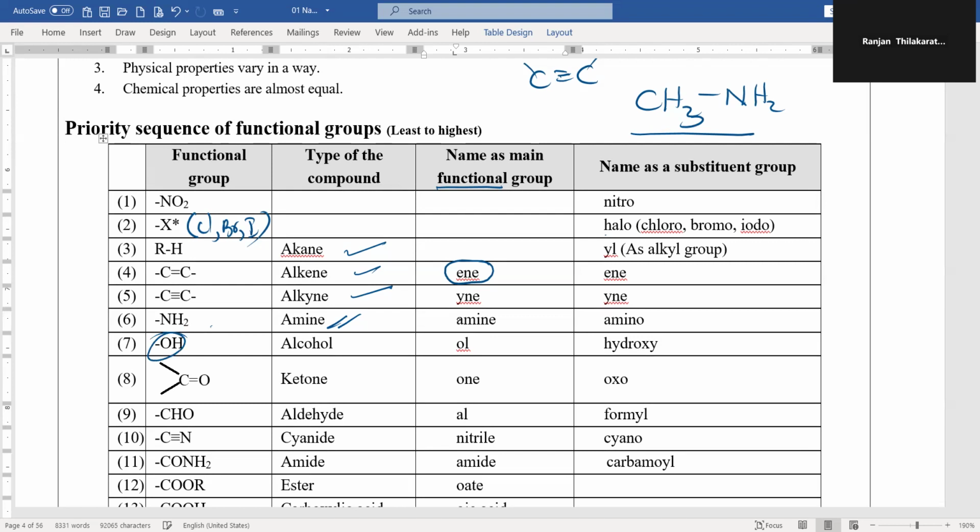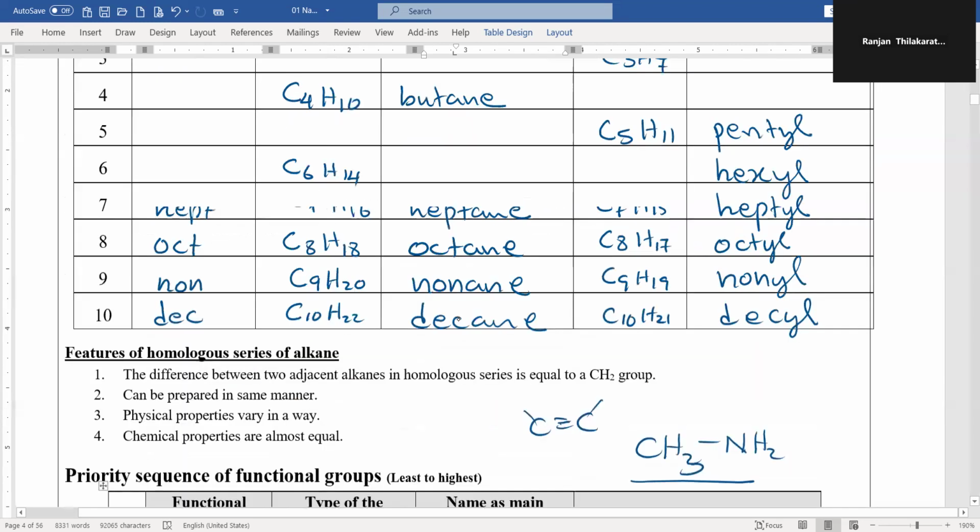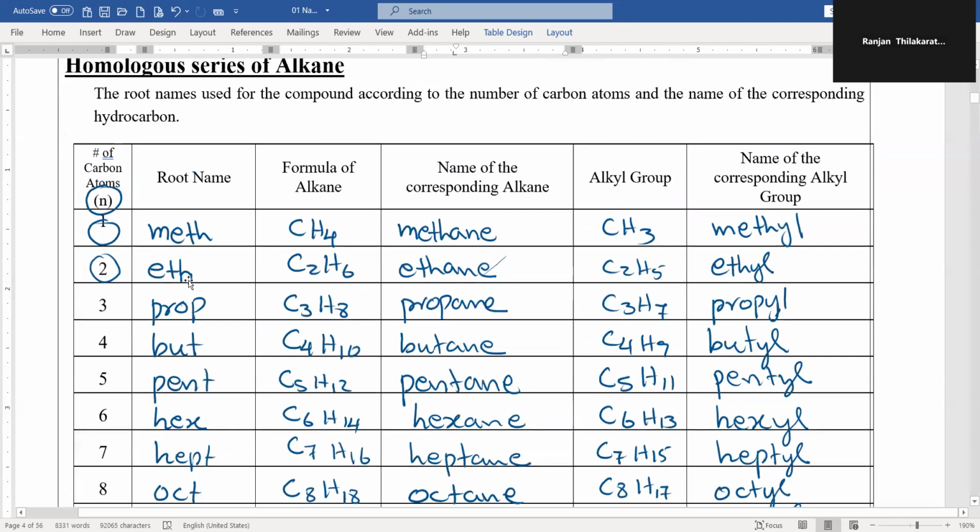And having an OH group, we call alcohol: methanol, ethanol, propanol, butanol, and so on. Methanol, why? Having one carbon and OH group as the functional group, it is called methanol. Having two carbon, ethanol.